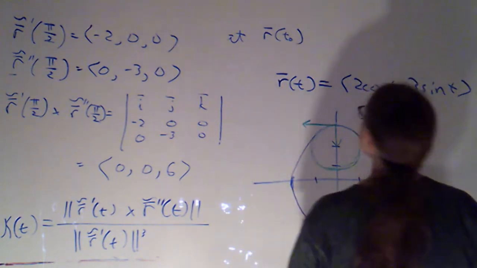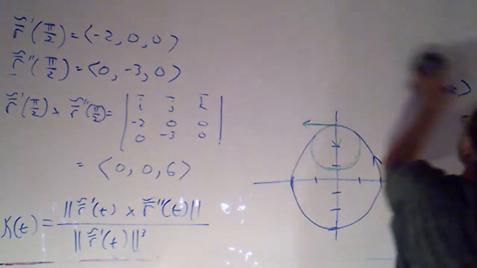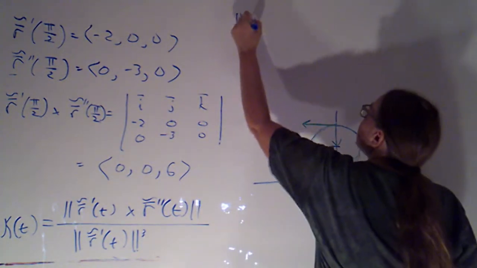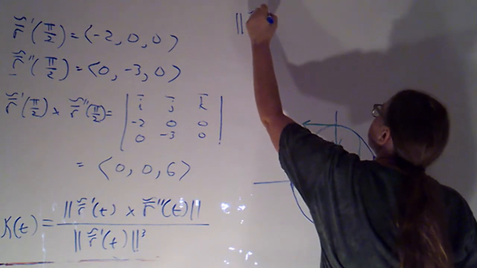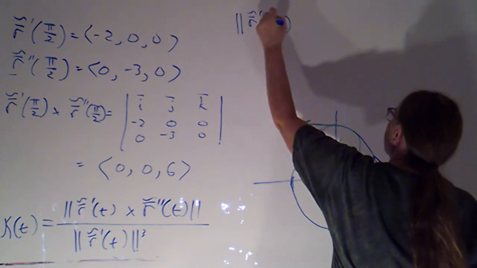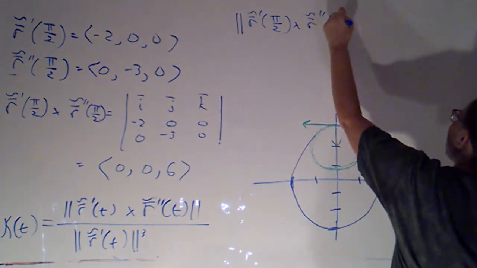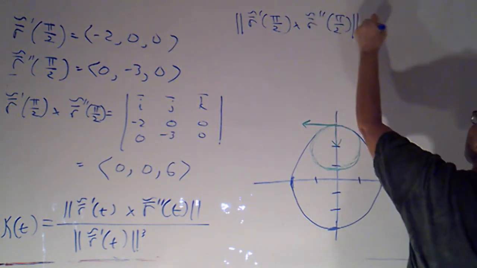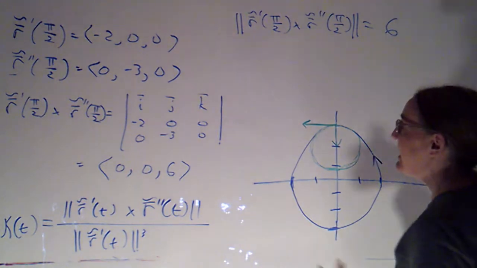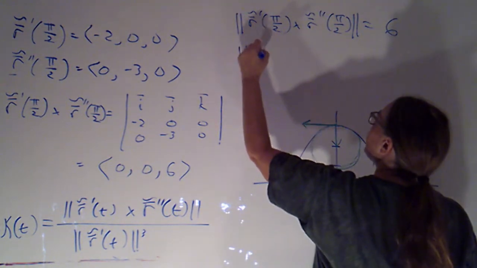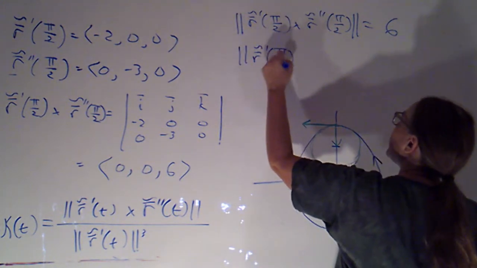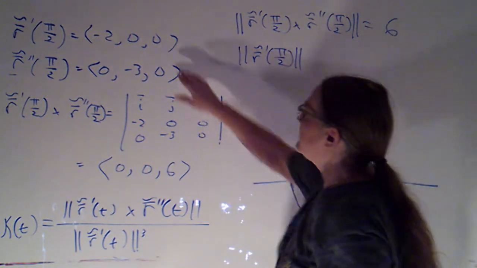So the magnitude of r tilde prime at pi over 2 crossed with r tilde double prime at pi over 2 is just 6. And the magnitude of r tilde prime at pi over 2, I can also get by inspection.